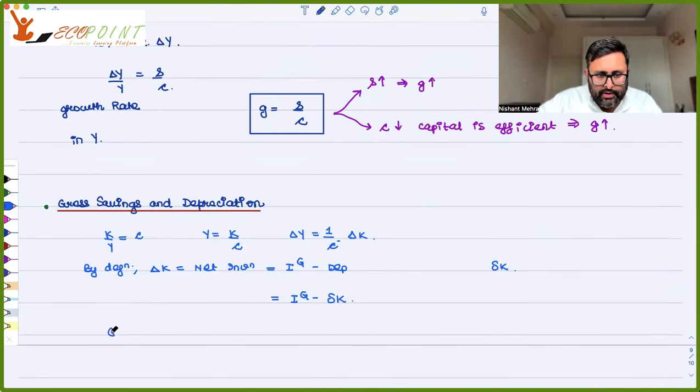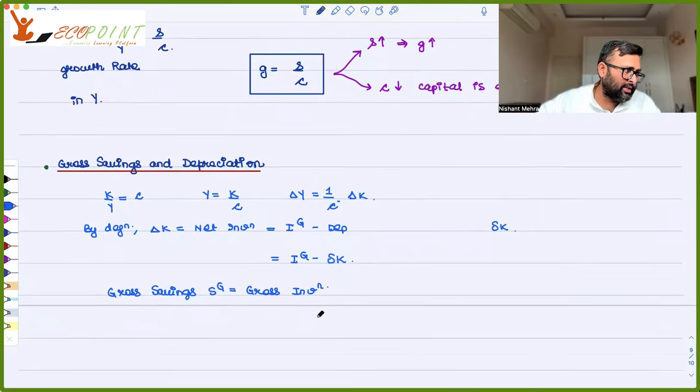But gross savings are equal to gross investment.